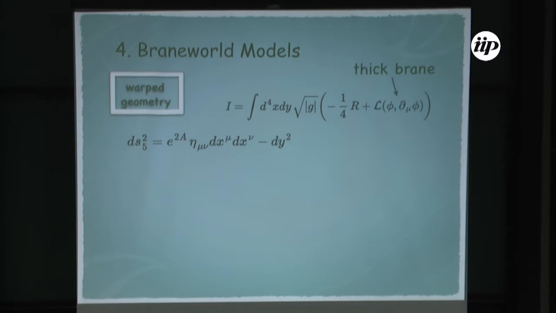I don't have the dilaton field here. I have 5 dimensions. This is my metric, and this is A. You call this the warp function, the warp factor. This is a warp of the geometry here, with one single extra dimension.